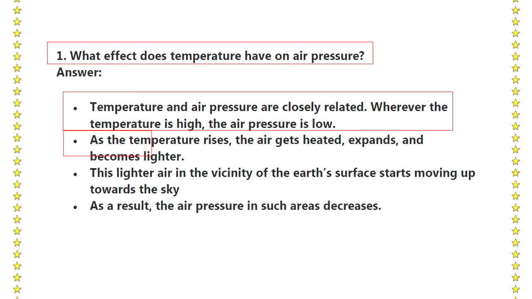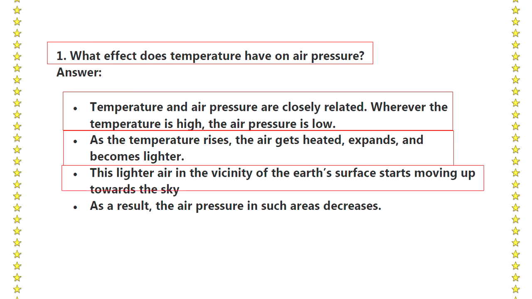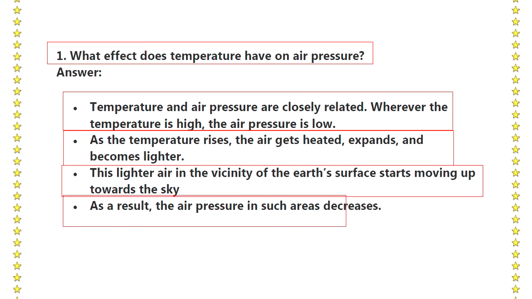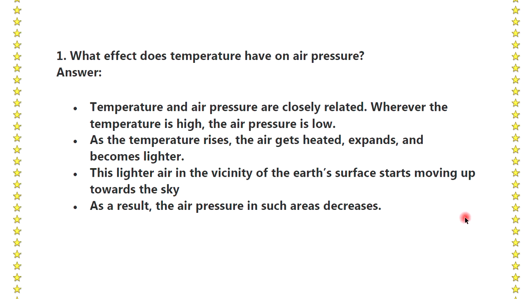Second, as the temperature rises, the air gets heated, expands and becomes lighter. Third, the lighter air in the vicinity of the earth's surface starts moving up towards the sky. Fourth, as a result, air pressure in such areas decreases. Okay, see the next question.